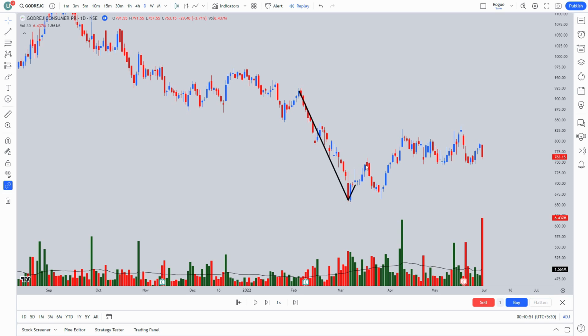This was not able to break the previous lower low, and this is your lower high, and finally it is just breaking the previous lower high right here. So that is the reason, if you know the concept of semi reversal and complete reversal, we now have some sort of a reversal sign on a daily time frame.